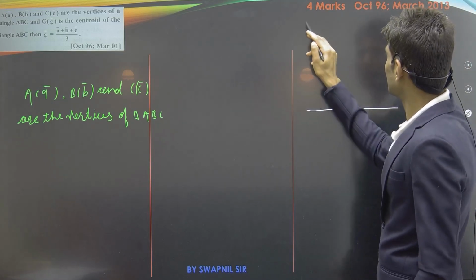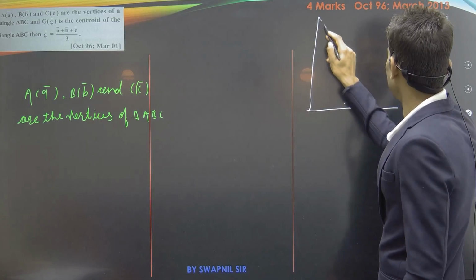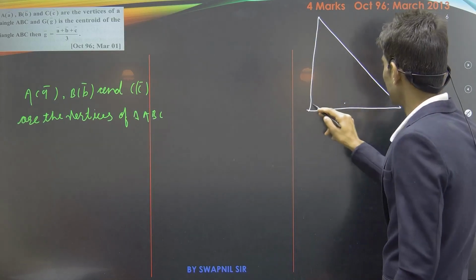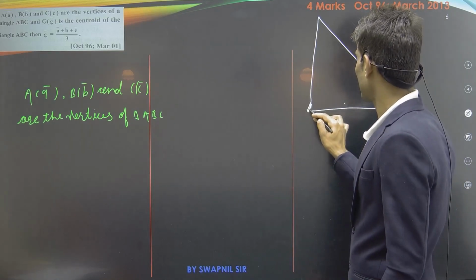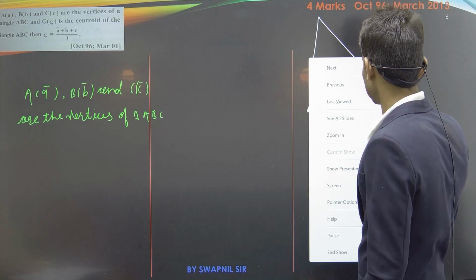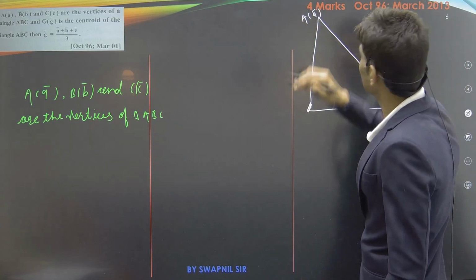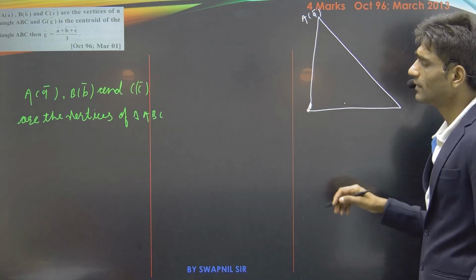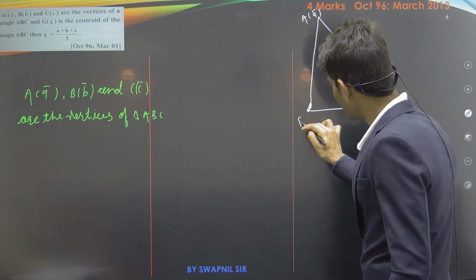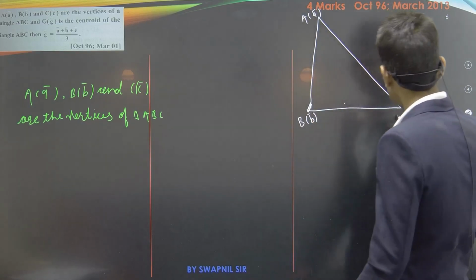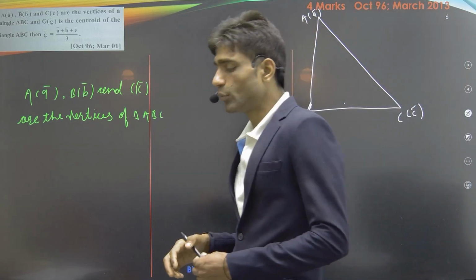I drew this triangle over here. This is A of a bar, the first position vertex, then B of b bar and C of c bar. A bar, b bar, c bar represent position vectors.